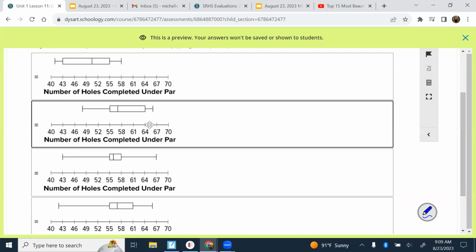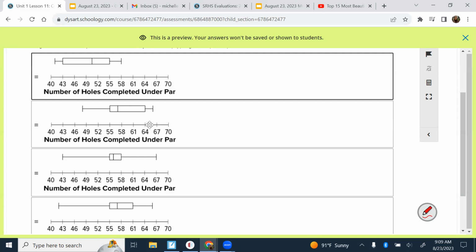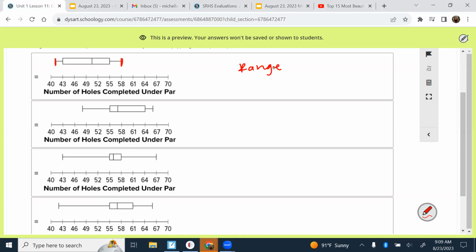So the order it is right now is good, and I think so too. If I look at my range, it's going from about 41-ish to like 58. So that's a range of, what is that, 17? About 17.